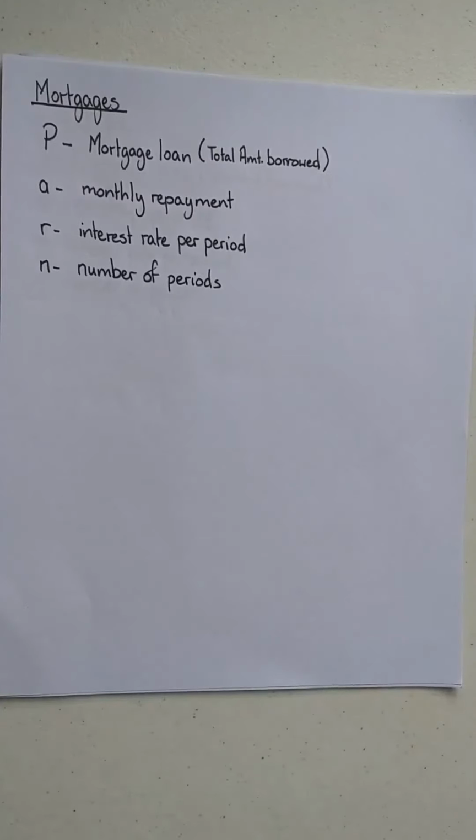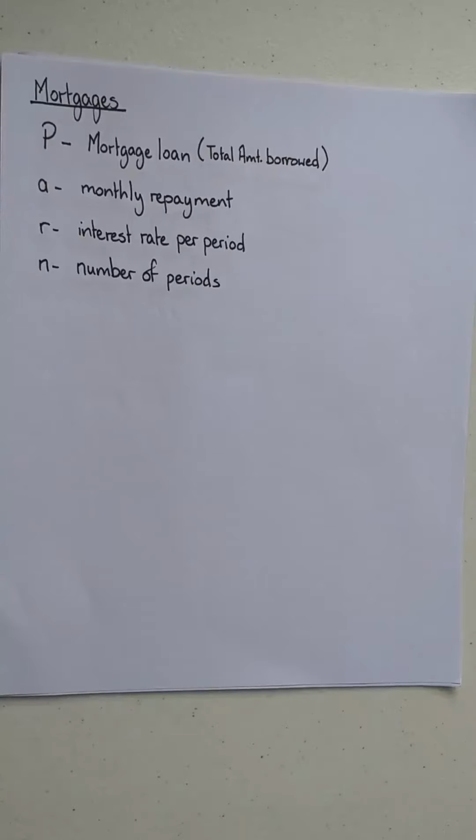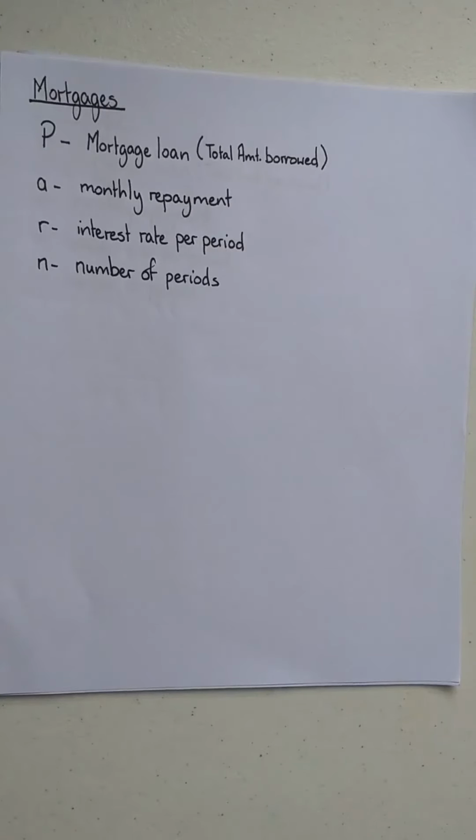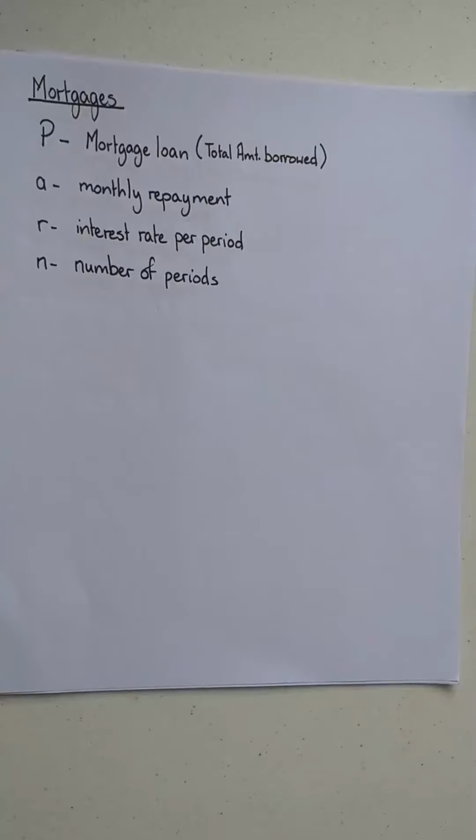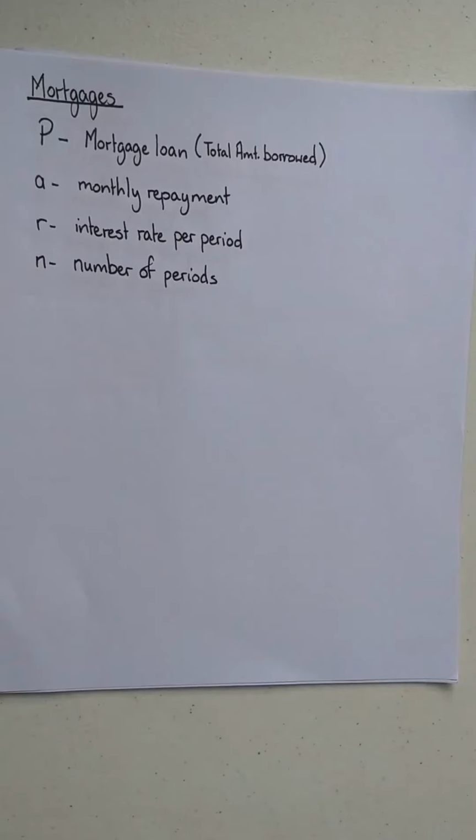In scenarios that involve mortgages or loans on what's called a reducing balance, the factors involved, or the features of the question, include the mortgage loan, P, which is the total amount that's being borrowed, A, which is the monthly repayment, the amount that you will be paying back each month on whatever sum of money you borrow.